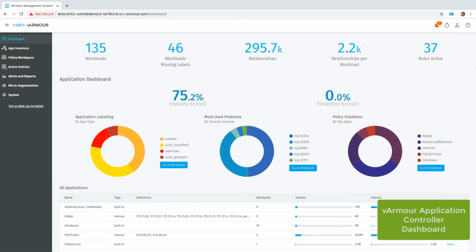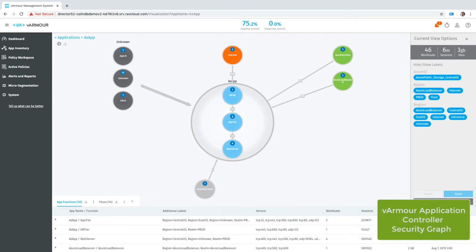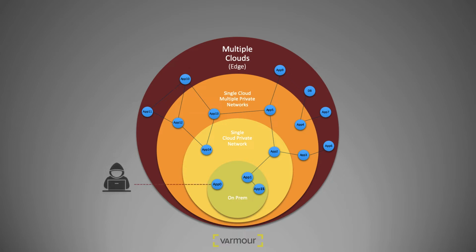Versus vArmour, right out of the box, has the ability to visualize through the security graph what the key targets of opportunity or the key concerns, critical infrastructure, customer databases, core application platforms that need to be secured, versus you have to build that into a SIEM. So where the security graph of vArmour really helps, again, is to qualify and identify what my crown jewels, my critical infrastructure is, so that I can quickly react and respond to systems that I care about.